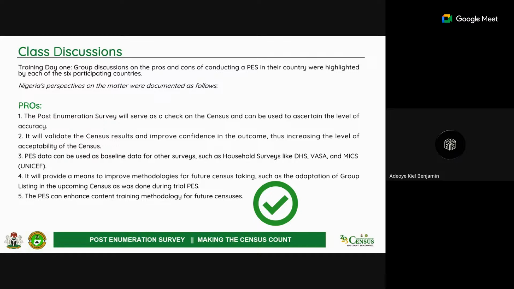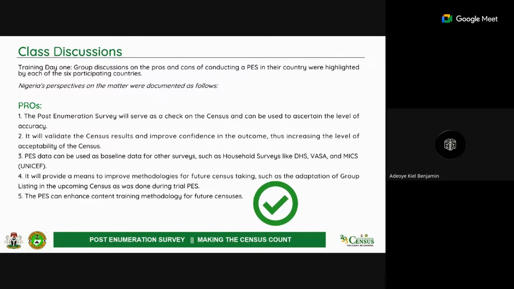So we brainstormed together as a team and gave our own points. Besides, a post-enumeration survey can be used as a check on the census and to ascertain its level of accuracy. With that, it will validate the census results and improve confidence in its outcome. One of the things of a census is to be reliable, accurate, and acceptable. So it helps to improve confidence in the outcome, thus increasing the level of acceptability of the census.